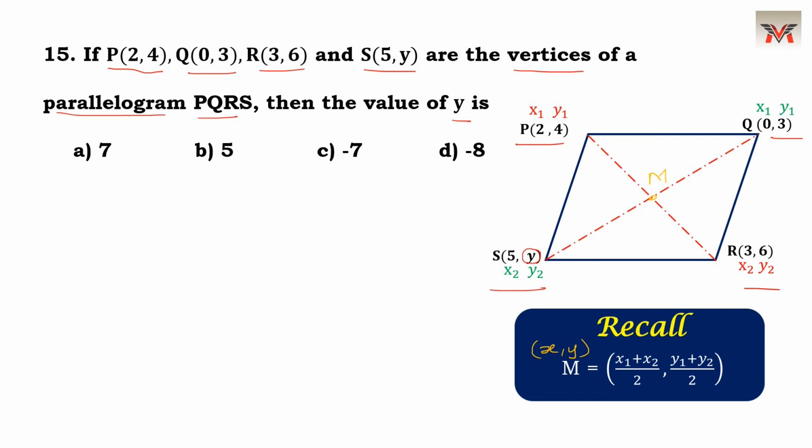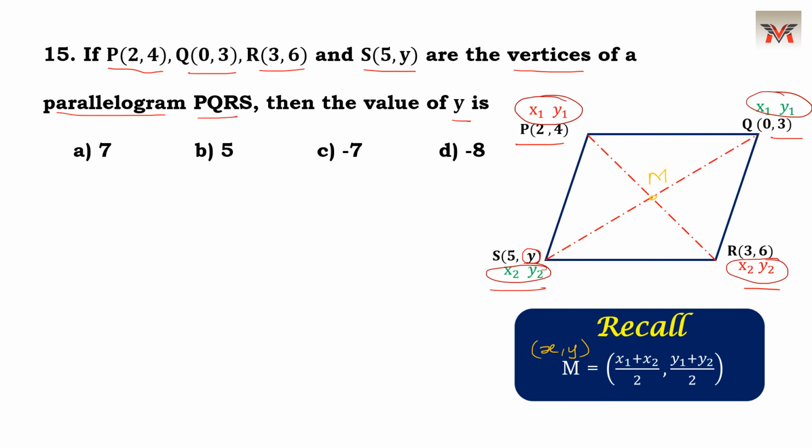So apply the midpoint formula for both the diagonals and find the answer, similar to the previous problem. Here we have x1, y1, x2, y2 for the diagonal PR as well as for the diagonal QS.